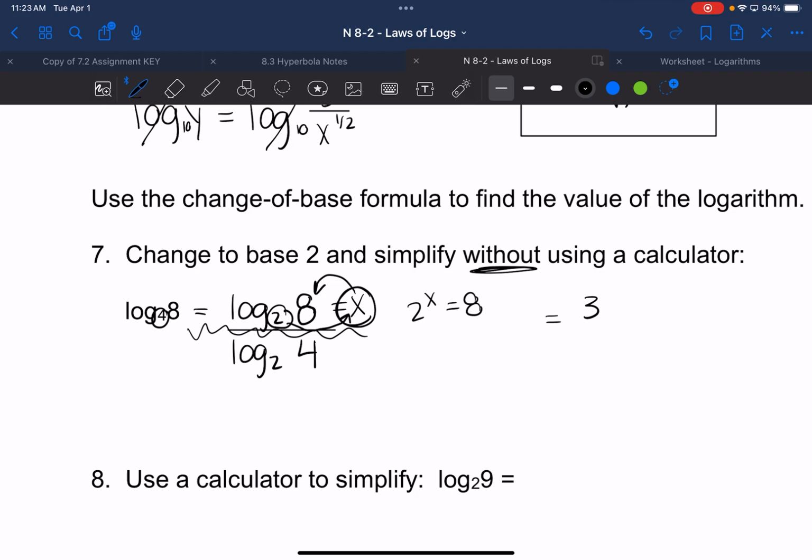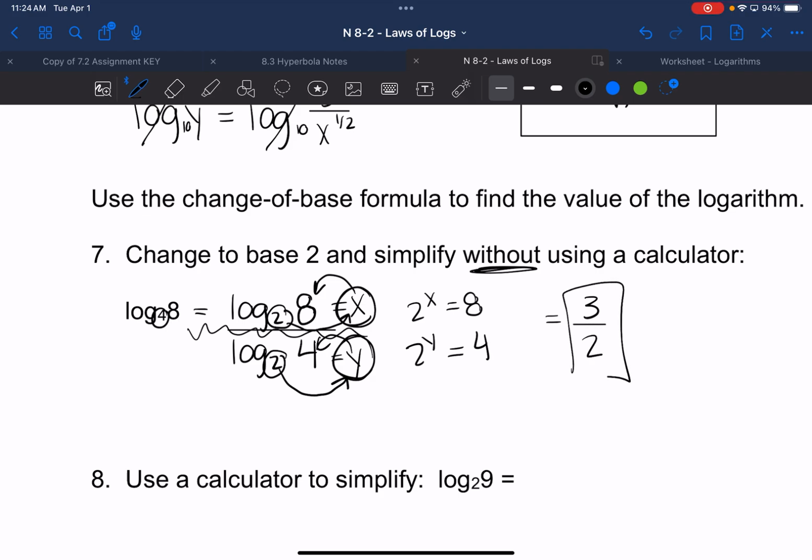Okay, now I'm going to do the same thing in the bottom. Okay, I'll say this one equals y so that I'm using a different variable. Okay, so from yesterday, 2 to the y equals 4, right? So what value of y would make this true? 2. So apparently the denominator of our fraction is equivalent to 2.